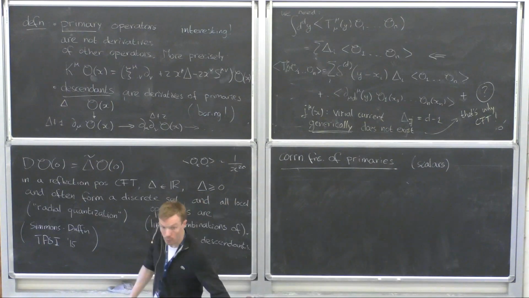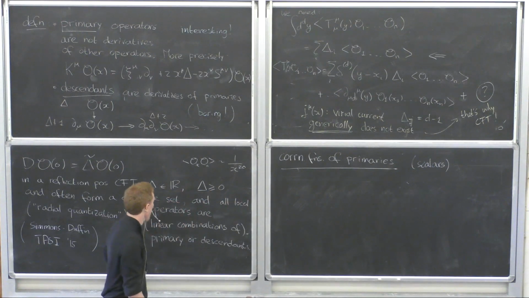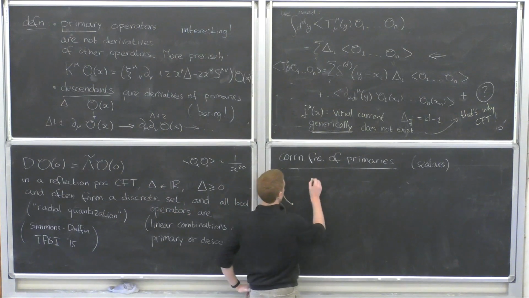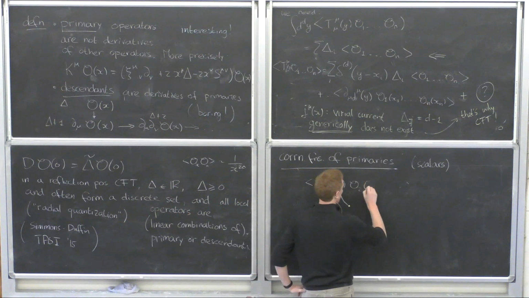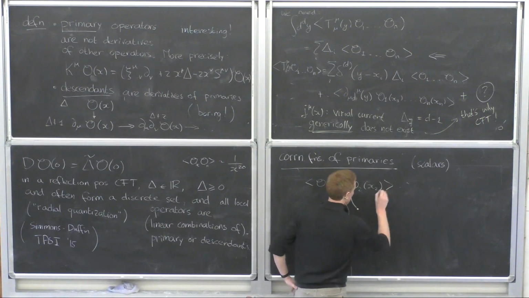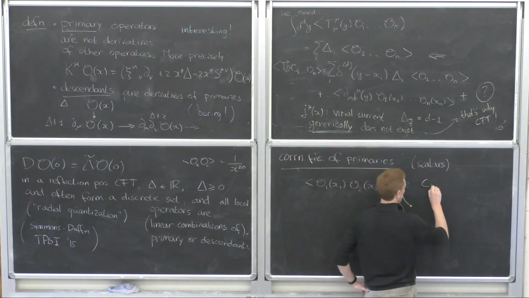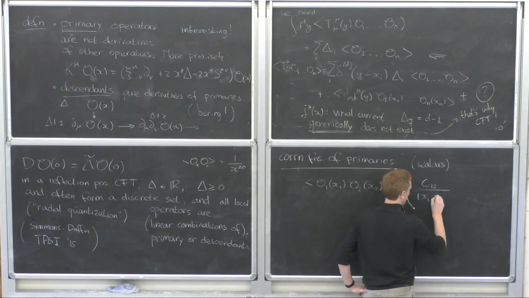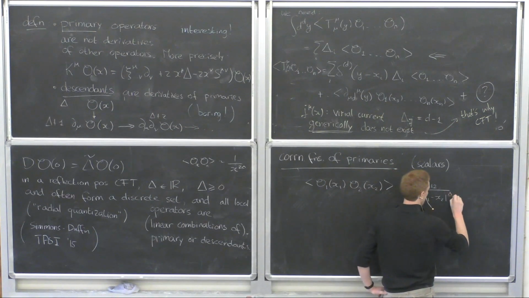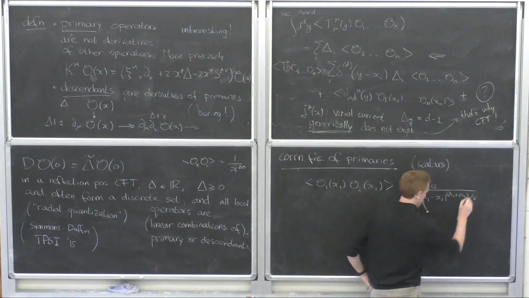So we need to solve, right? So let's look at 2-point functions. O1 at x1, O2 at x2. I told you this is C12 over x1 minus x2 to the delta 1 plus delta 2 over 2.